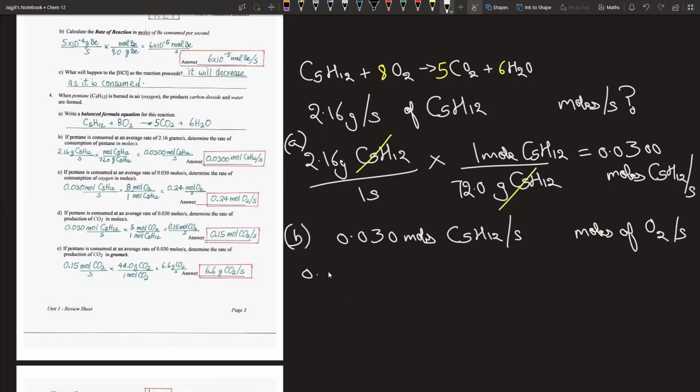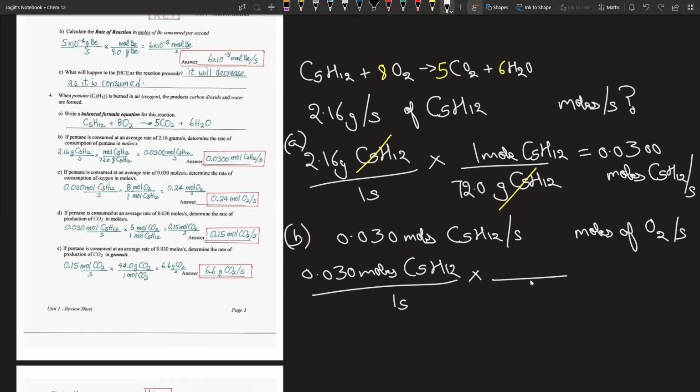So you say, okay, I have 0.030 moles of C5H12 per second. This is per 1 second. And they want me to express it in terms of moles of O2.